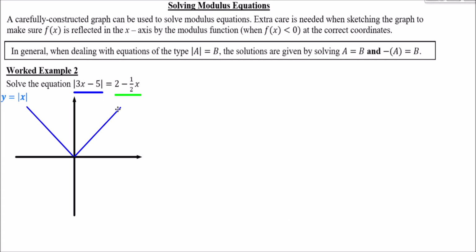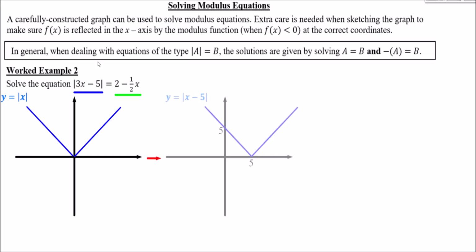So let's do that now. So let's add 5 to the x values. So the V goes from the origin to where x is 5, y 0, and this y-intercept is now at a height of 5. Now we can deal with this 3, so rather than multiplying the x values by 3, because we're still inside the mod symbol, so inside opposite, we're going to actually divide our x coordinates by 3.